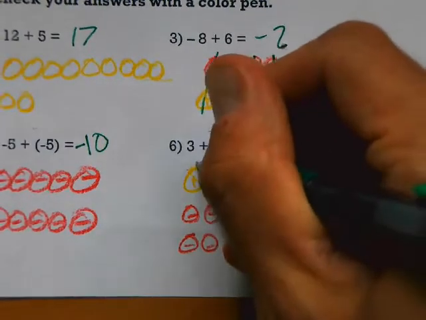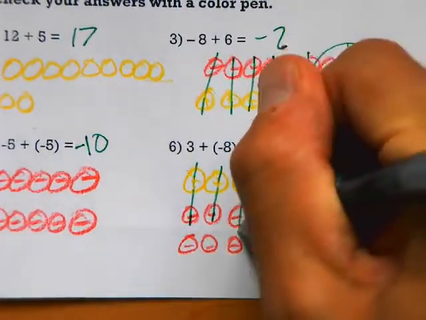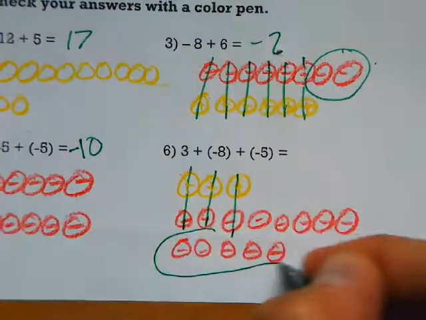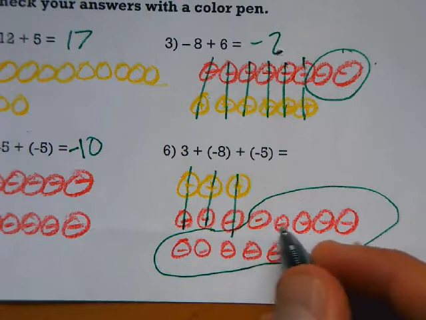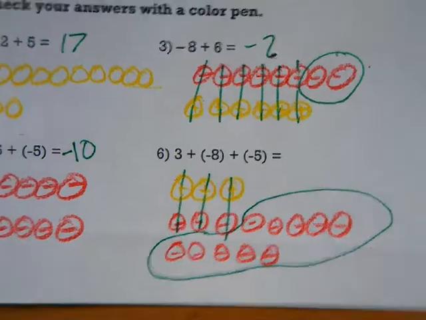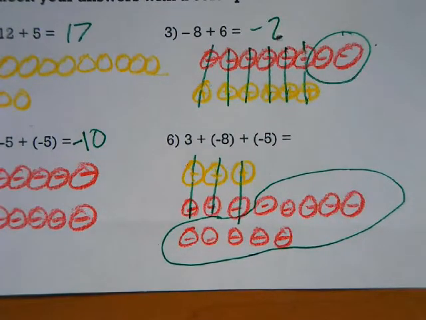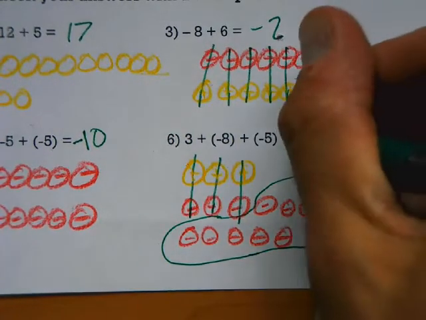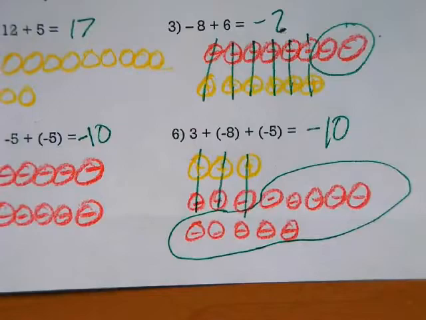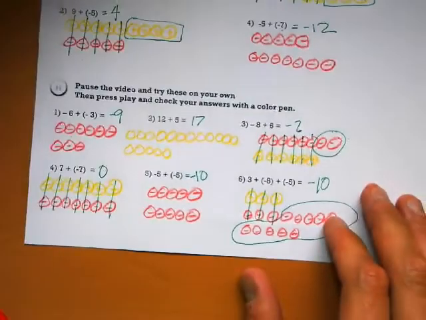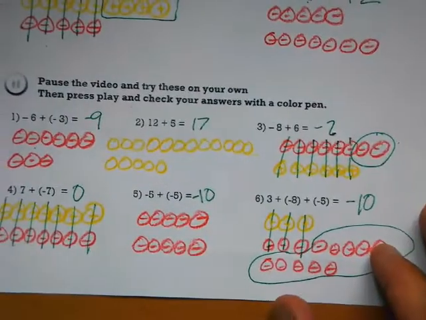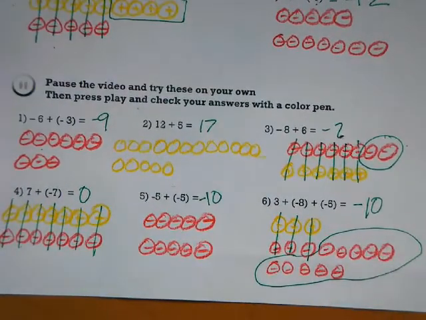I have zero pairs here, here, and here. And what I have left, 1, 2, 3, 4, 5, 6, 7, 8, 9, 10. Ta-da! There you have it. Adding integers with counters.